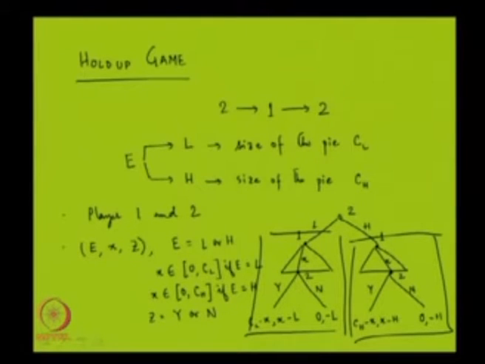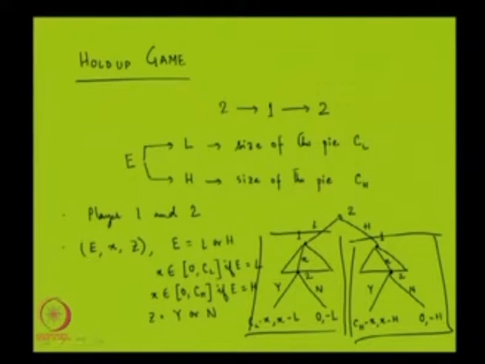And we know that in an ultimatum game, the subgame perfect equilibrium is that player 1 is going to offer 0 to player 2, that is x is equal to 0, and player 2's strategy is to accept any offer if x is greater than or equal to 0.